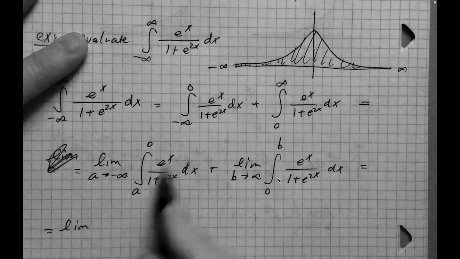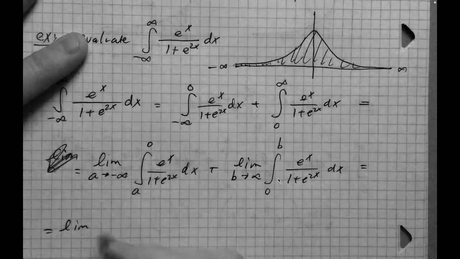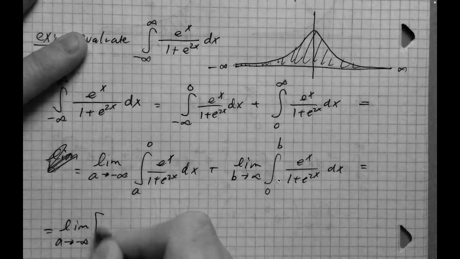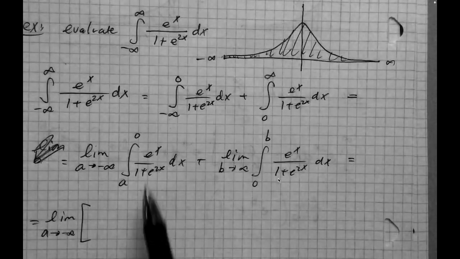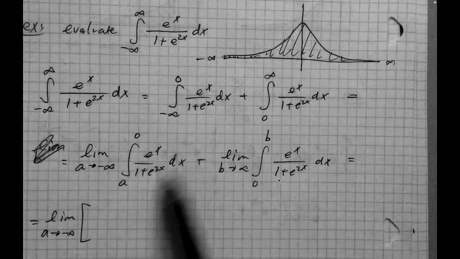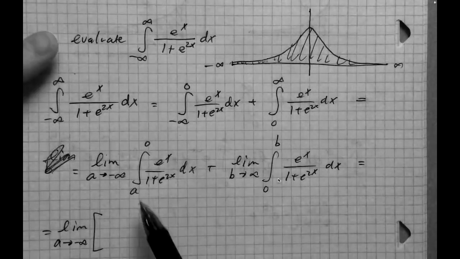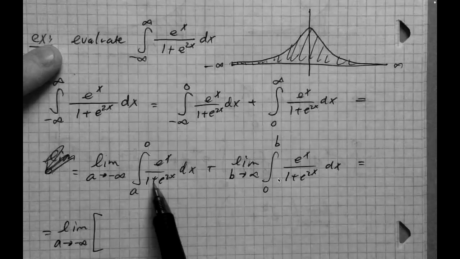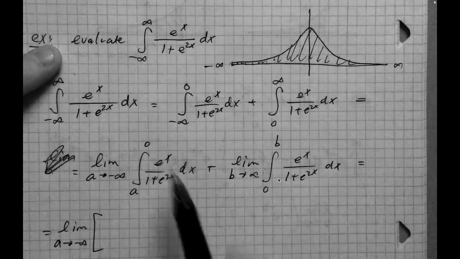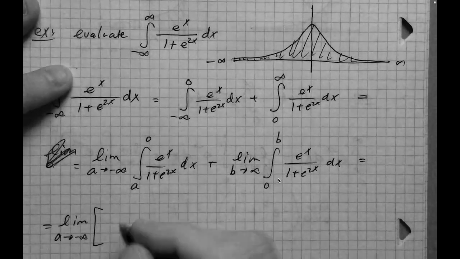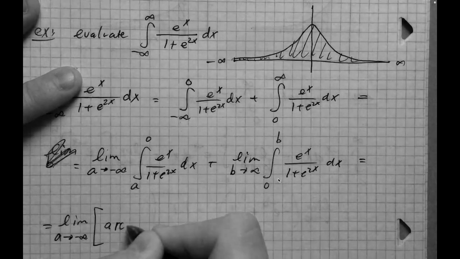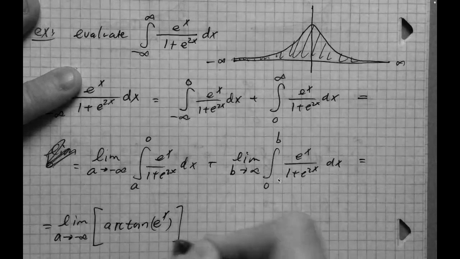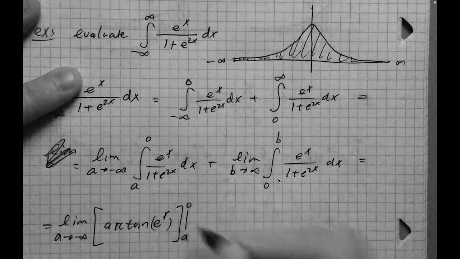Then we can evaluate these integrals. There's a little bit of work to be done here. You can use substitution, and basically what you'll find is that this integral is the arctangent of e to the x, from a up to 0.